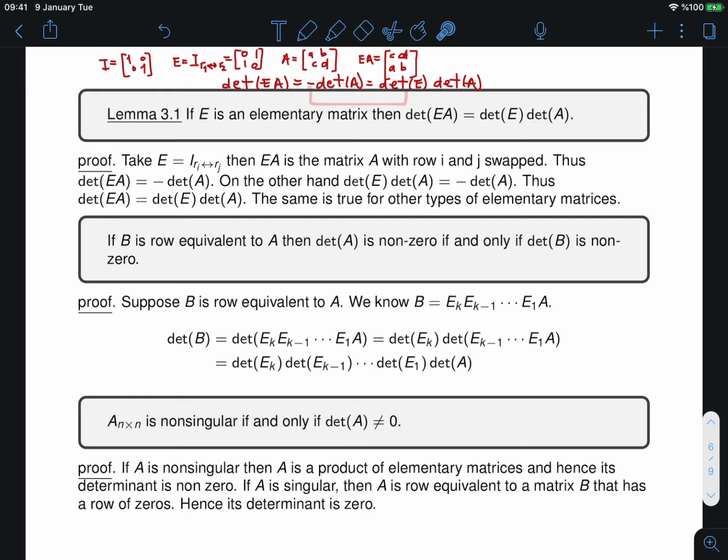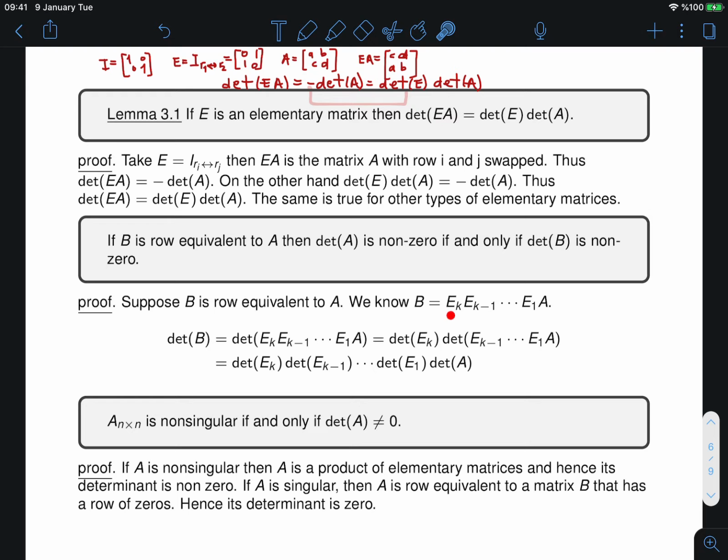The proof depends on an idea we have seen a couple of classes before, which says that if B is row equivalent to A, then there exist elementary matrices E1 to EK, such that B is a product of these matrices times A. We did this a couple of classes ago, so I won't repeat that here.